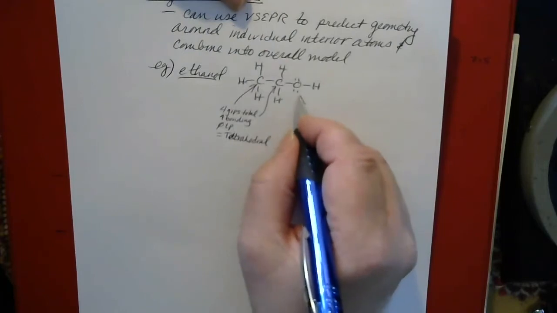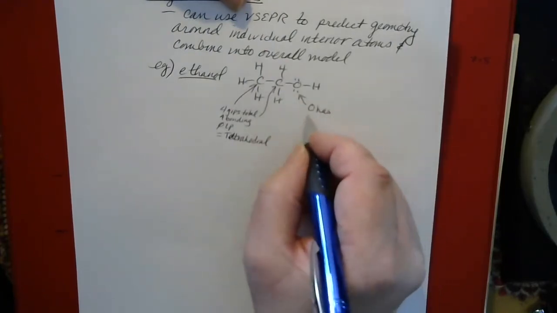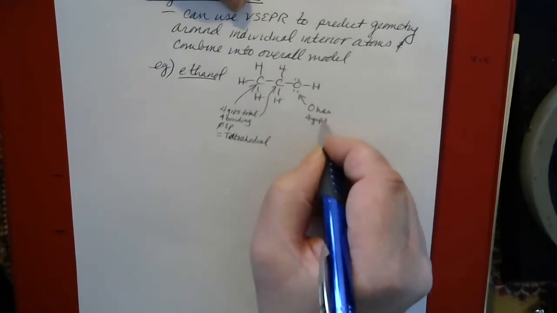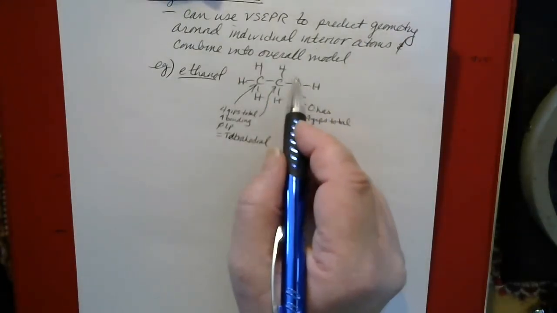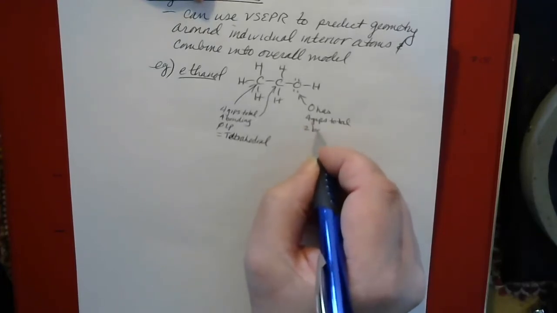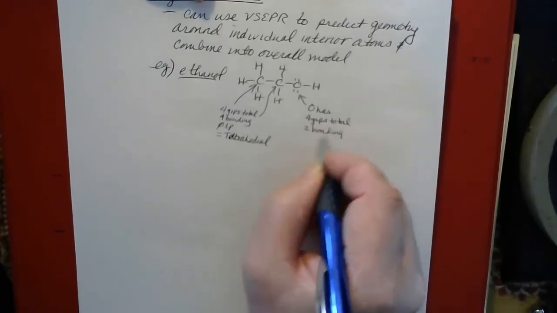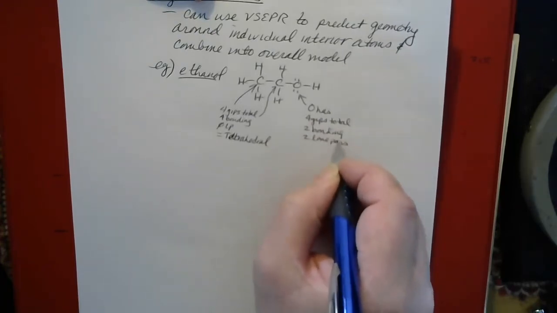The oxygen has 4 electron groups total also, 1, 2, 3, 4, but 2 of them are bonding and 2 are lone pairs.